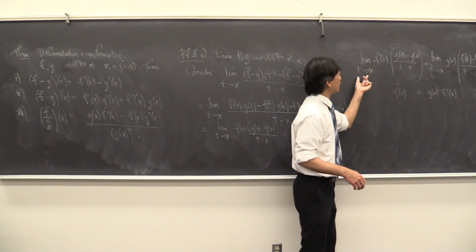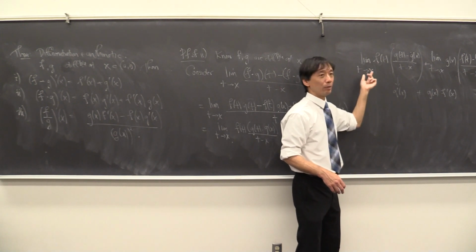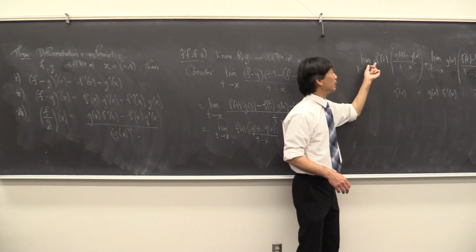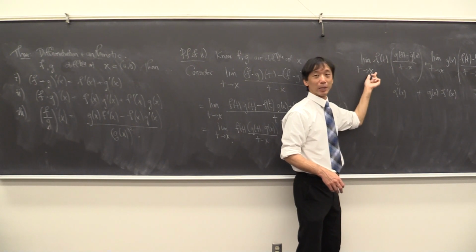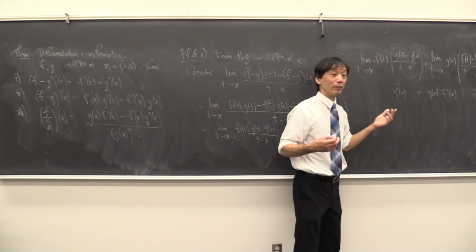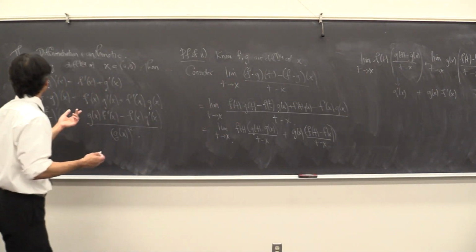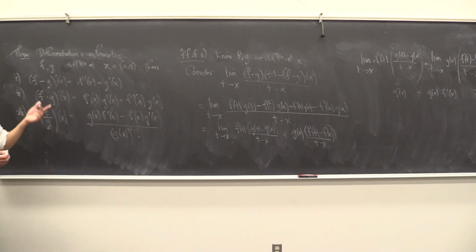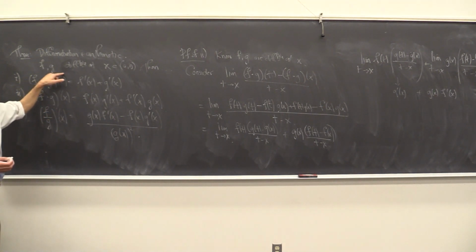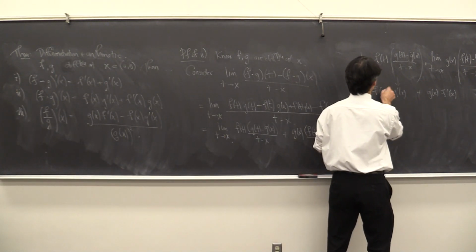F of x. F of x, yeah. Why does it do that? How do we know that it turns into f of x? For what kind of functions does the limit of f of t turn into f of x? If your function is continuous. Do we know our function's continuous? Do we know that f is continuous? By the last theorem. f was differentiable, and our previous theorem said differentiable implies continuous. So we're good. So this does actually turn into f of x.